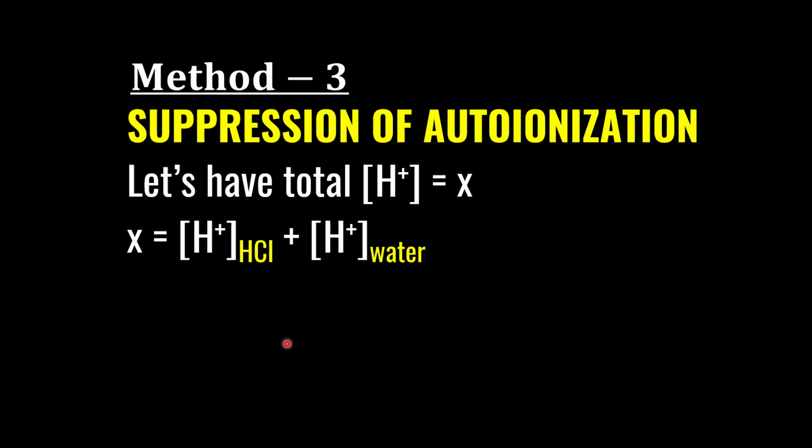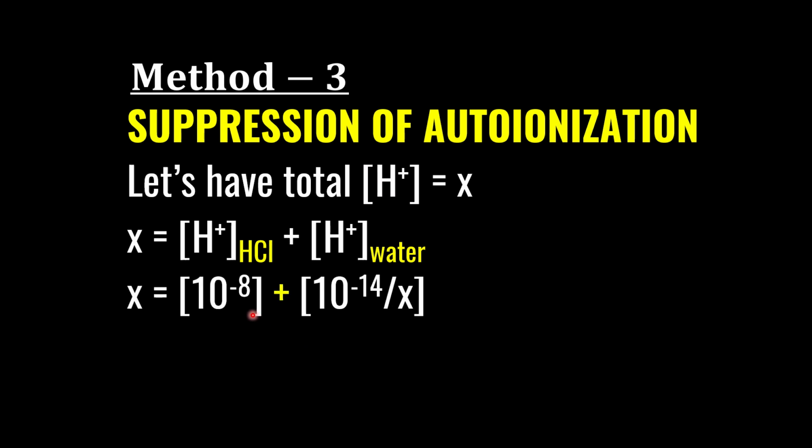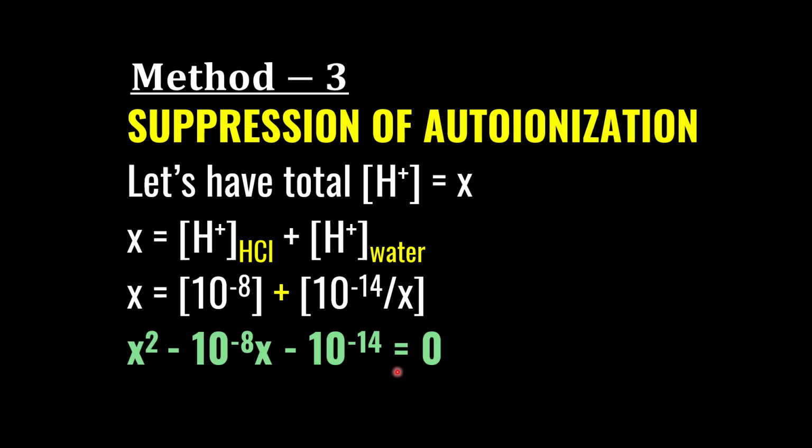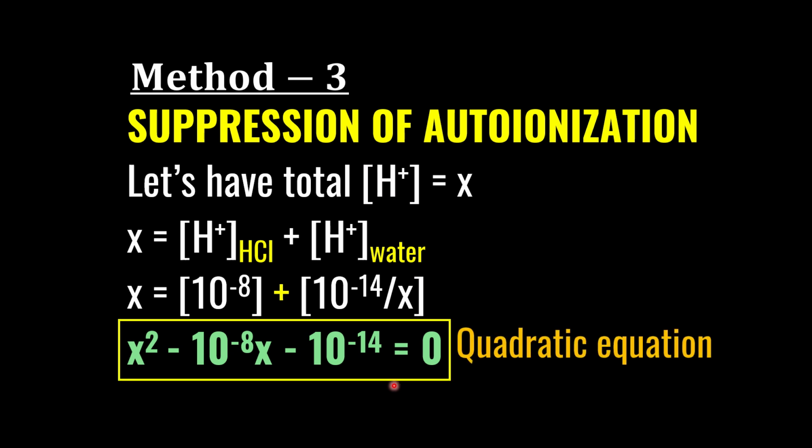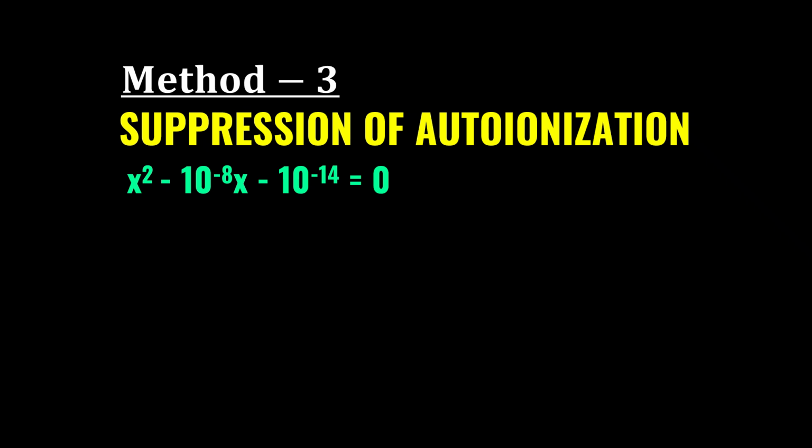So you plug in these values and you get this equation. You multiply both sides by x and you will get this equation here, which is a quadratic equation. Using this equation you can calculate the values of x and then accurately calculate the pH values in the next slide. So let us calculate the value of x from this quadratic equation.